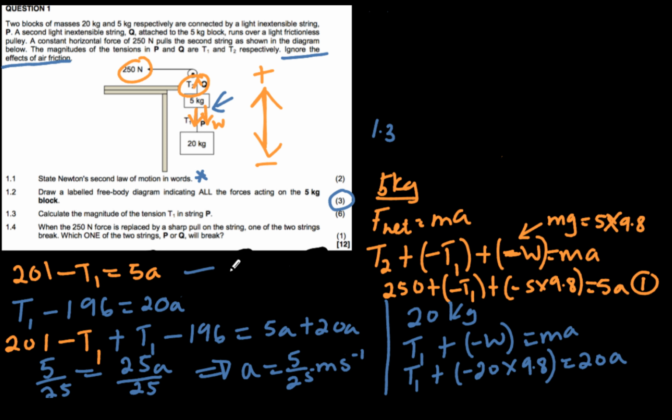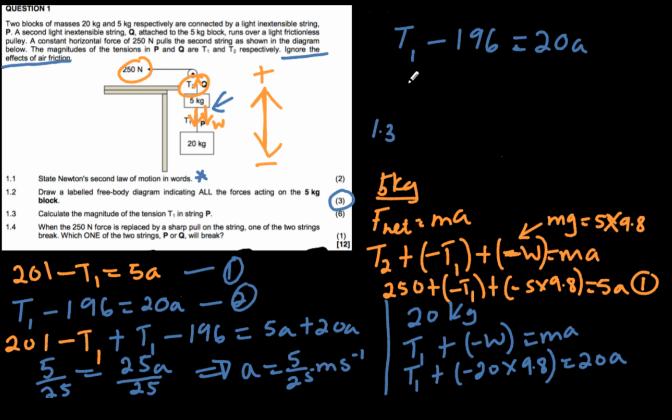After that, we can choose any of those two equations. Remember, this is equation 1 and equation 2. If I choose equation 2, it's going to be T1 minus 196 is equal to 20A.